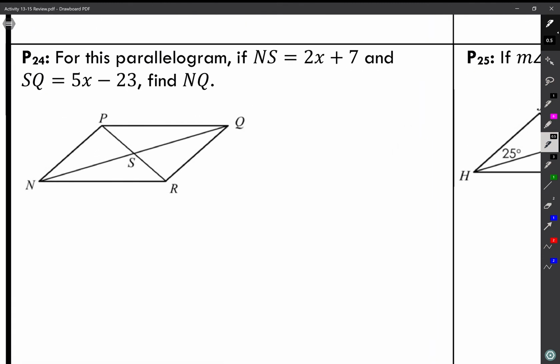For this parallelogram, if NS is 2x plus 7 and SQ is 5x minus 23, we know those are congruent because the diagonals bisect each other, so we can set them equal to each other.